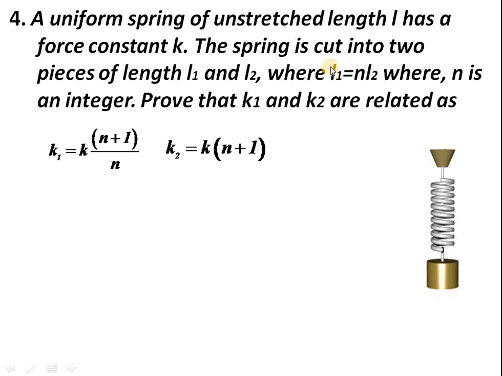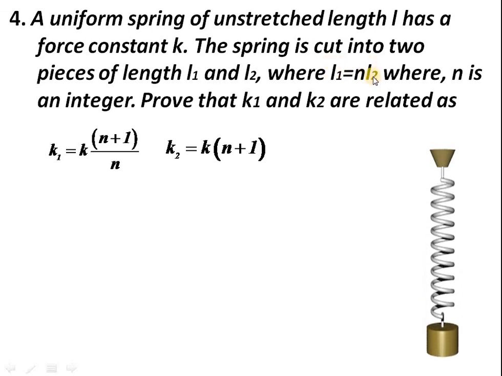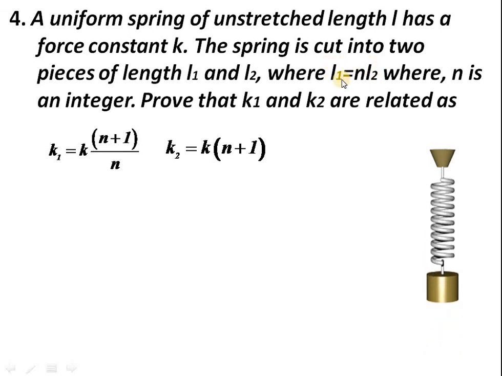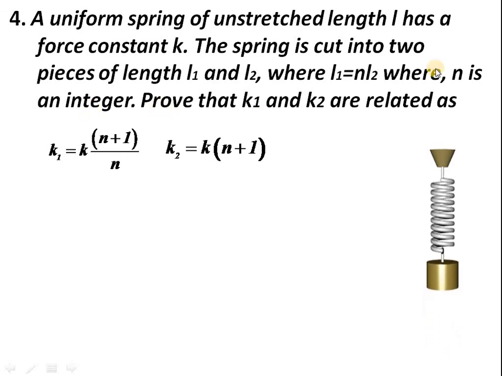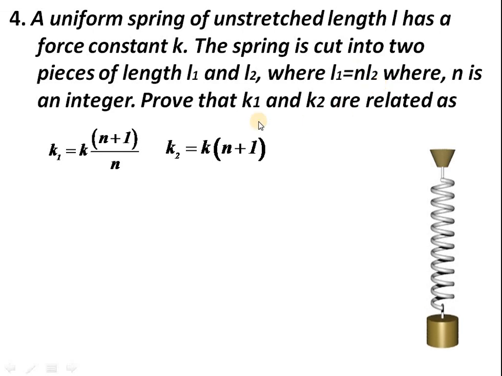That means L1 is much greater than L2. L2 is less, L1 is high. So L1 is equal to 2L2, L1 is equal to 3L2, like that. So that means L1 is greater than L2.